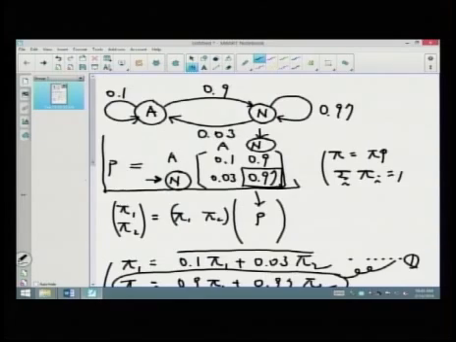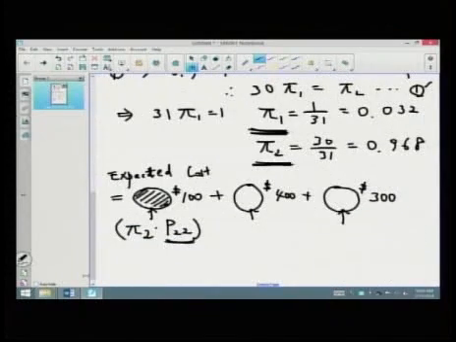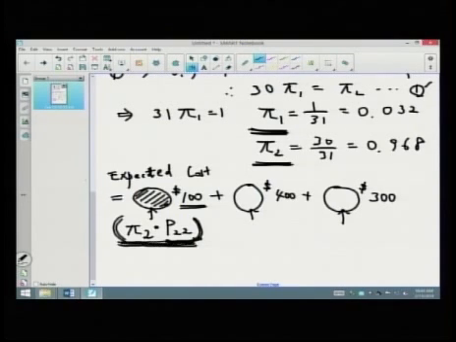Okay? So if you multiply pi 2 times P sub 2, and then multiply $100, then it makes sense. Okay? Because this shows that your customer has no car accident record for 2 consecutive years. So for those customers, the insurance company will charge $100 as premium. Is that right?